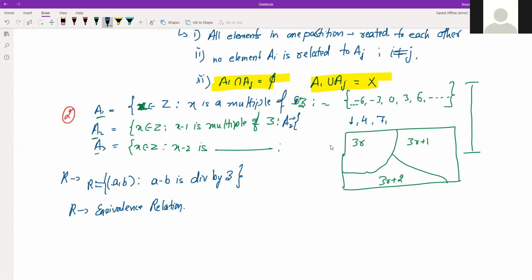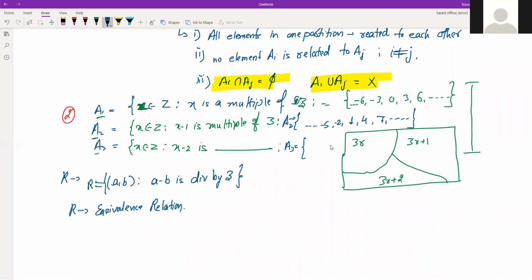On the left hand side, you will have again, say, minus 2, because minus 2 minus 1, that is minus 3, is a multiple of 3. So 1 minus 3 is minus 2, minus 2 minus 3 is minus 5. So like this, A2 will contain these elements. And what will be there in A3?